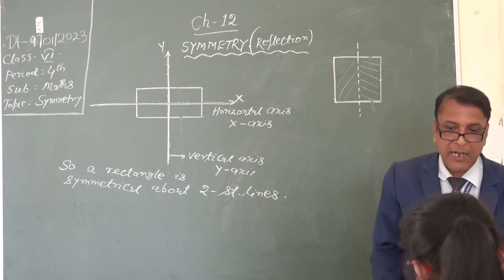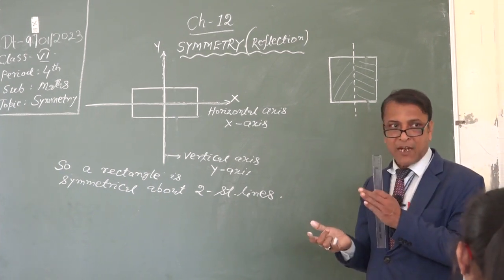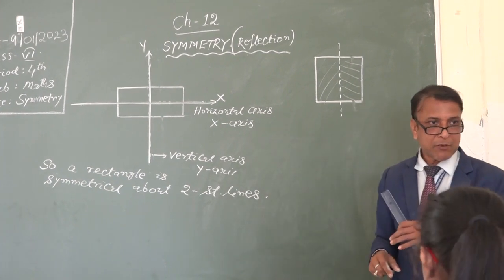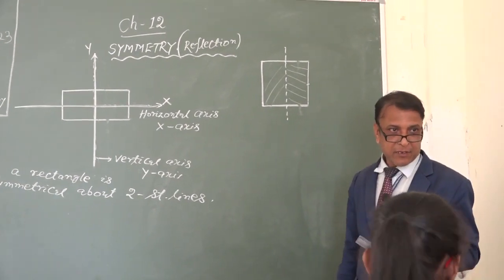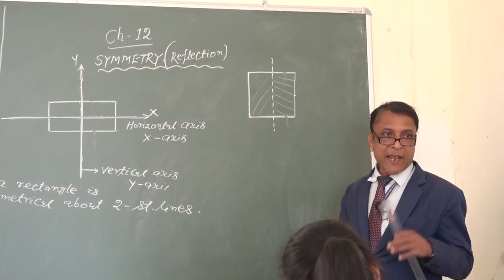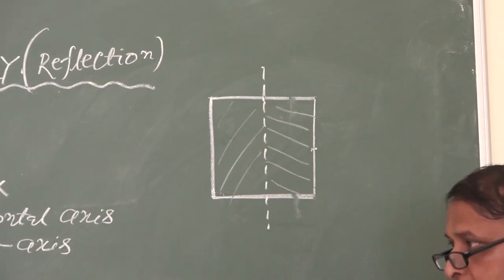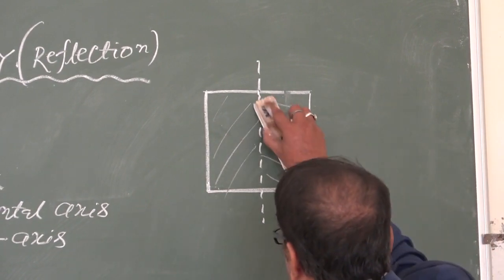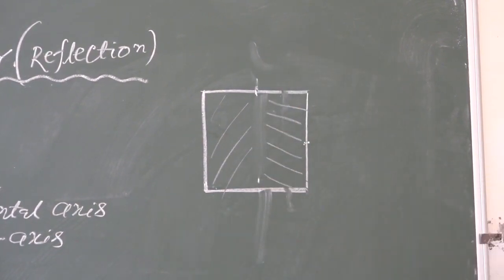जैसे कि मैंने अभी दिखाया वो जो स्क्वायर लेके रेक्टेंगल लेके, one side, one part, one half will exactly overlap upon the other half. So this is a line which can make equal two halves of a square. Okay, now forget this line. I am drawing another line. Look here.